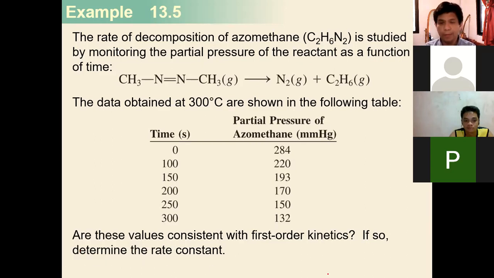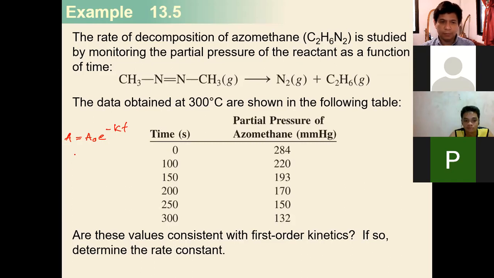If you still remember from the last meeting, I told you that for a first order reaction, the basic equation is A is equal to A sub O e to the negative KT. A sub O is the initial concentration, A is the final concentration, K is the rate constant, T is the time.